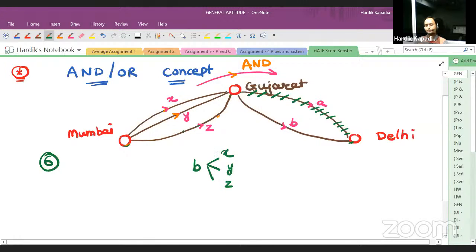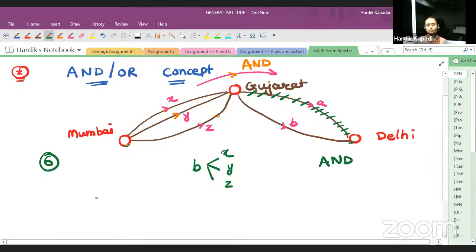But now tell me, when I'm going to Delhi from Mumbai, is there any option to come back or not? What I have said, I have to go to Delhi and then returning back to Mumbai. So the route is Mumbai to Delhi and Delhi to Mumbai. I am going to Delhi and then returning back to Mumbai.